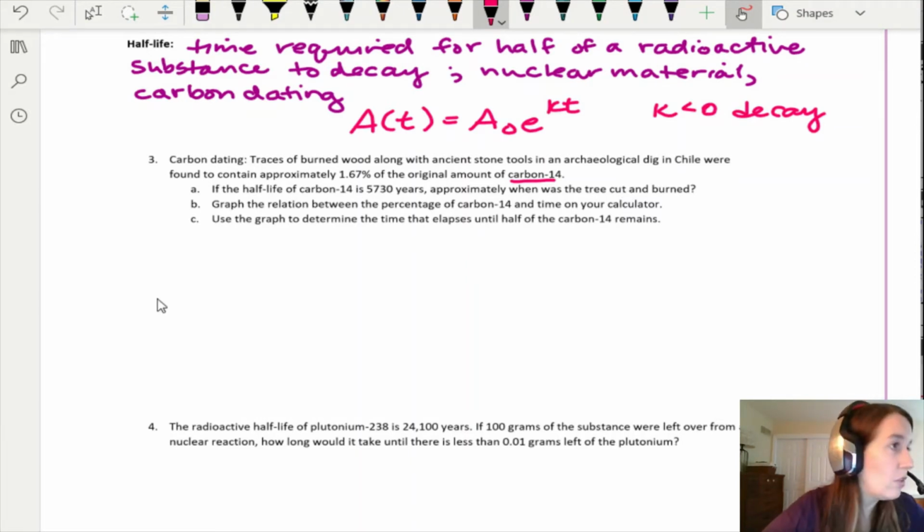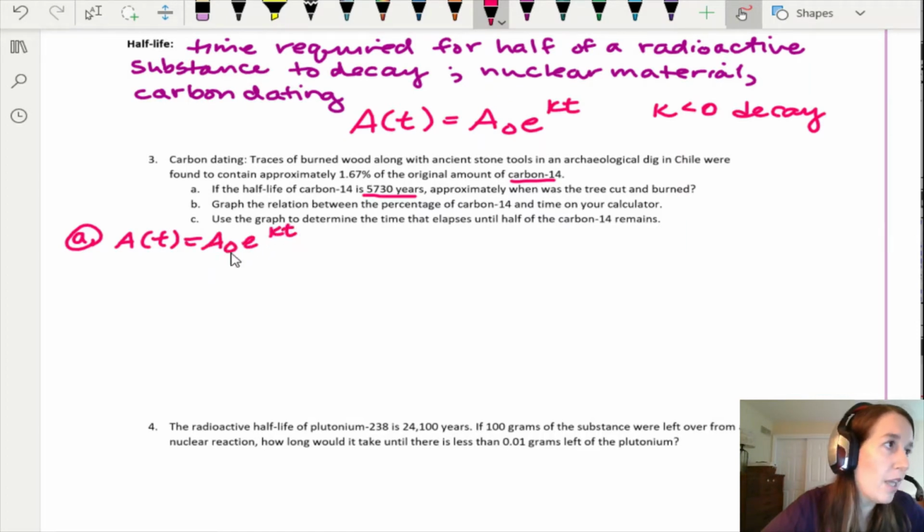All right, so it says if the half-life of carbon-14 is 5,730 years, approximately when was the tree cut and burned? And that's why we're looking at the tree, because that was organic material, a living thing. So for part A, our equation is A of t equals A naught e to the kt.